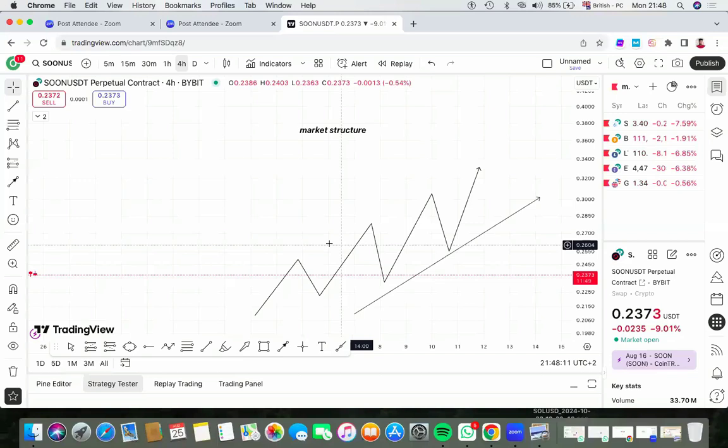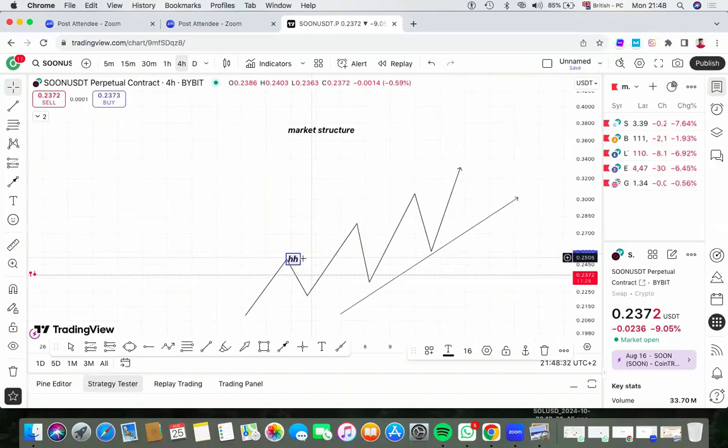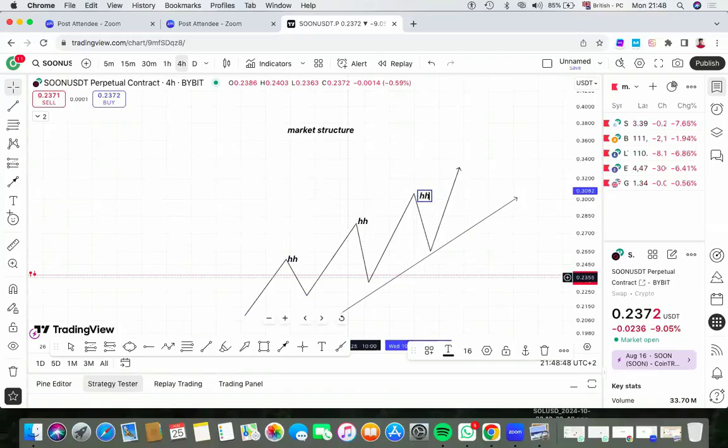And we have what we call our highs, and we have what we call our lows, okay? So a market in an uptrend creates higher highs and higher lows.